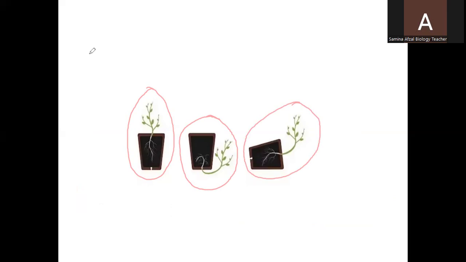In all these cases, the roots are going in the downward direction and shoots are going in the upward direction. So gravitropism is the phenomenon in which the roots move towards gravity and shoots move away from gravity. The shoots show negative gravitropism and the roots show positive gravitropism.